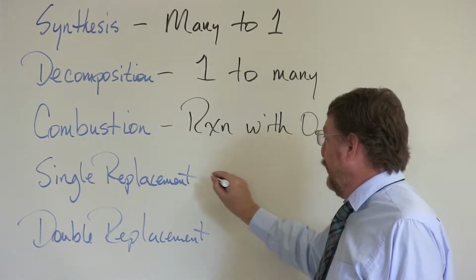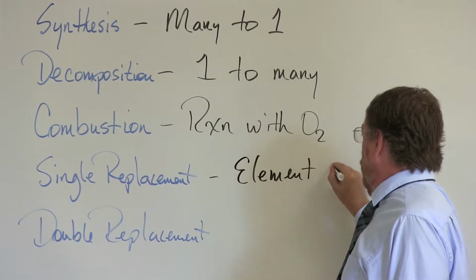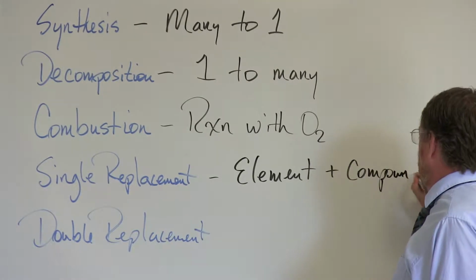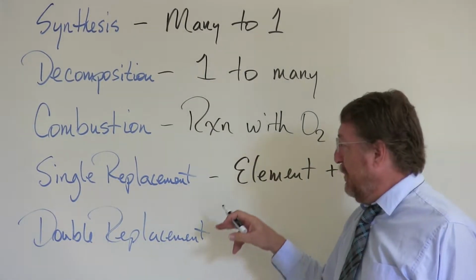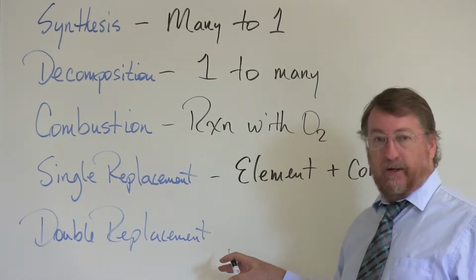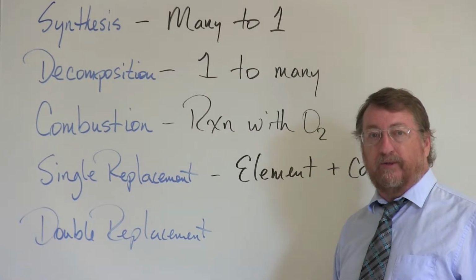Single replacement, which is element plus compound. And I'll show an example in a minute of single replacement. The element replaces part of the compound. And then we've had extensive discussion with double replacement. That's our precipitation and our acid-base reactions.